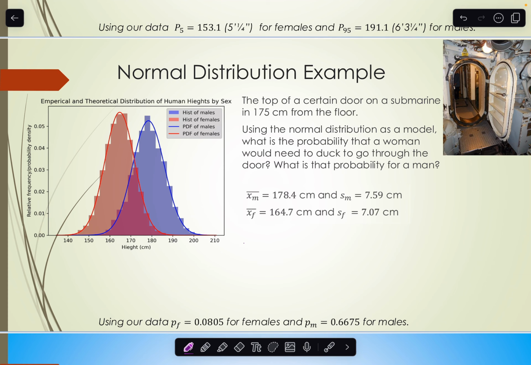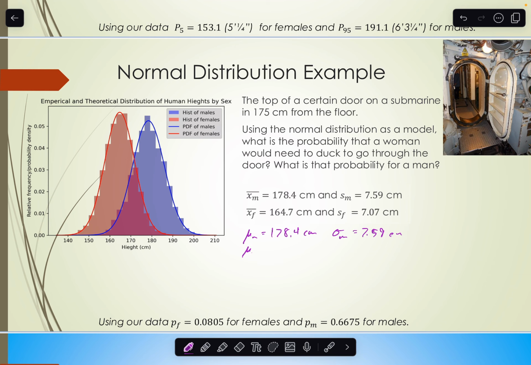So we're going to use as the mean of the males 4 centimeters and the sigma for the males 7.59 centimeters. Using the normal distribution as a model, what is the probability that a woman would need to duck to go through the door? What is that probability for a man?